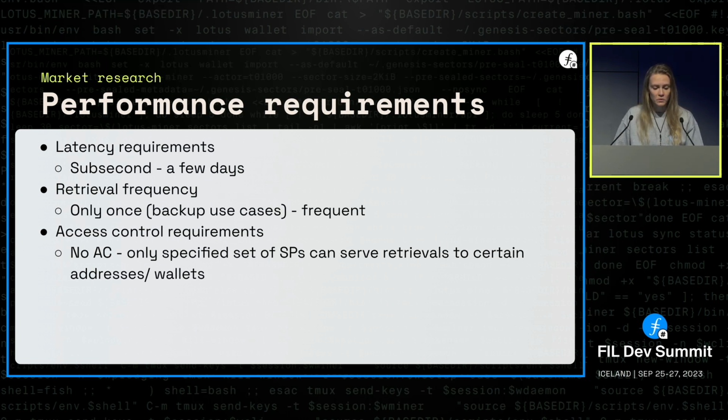Similarly, for frequency, it's either only retrieved once or frequently retrieved. And similarly, access control: some clients really care about being able to restrict retrievals to a specific set of wallets or IP addresses. Some are not bothered too much since the data is encrypted anyway. So I would say each relationship would be very unique, and just because the data is onboarded through Motion doesn't mean it has a very standard set of requirements.